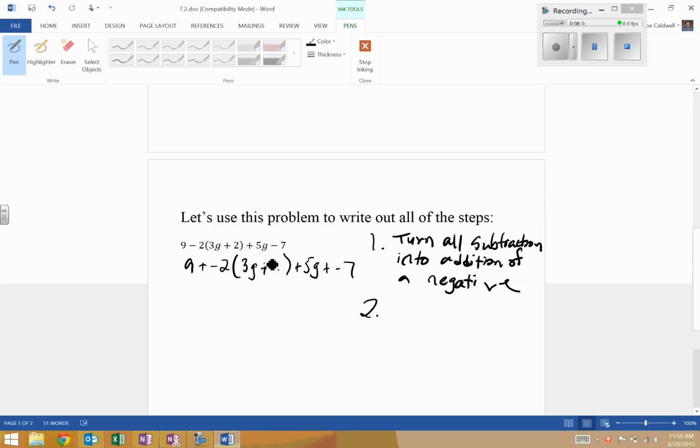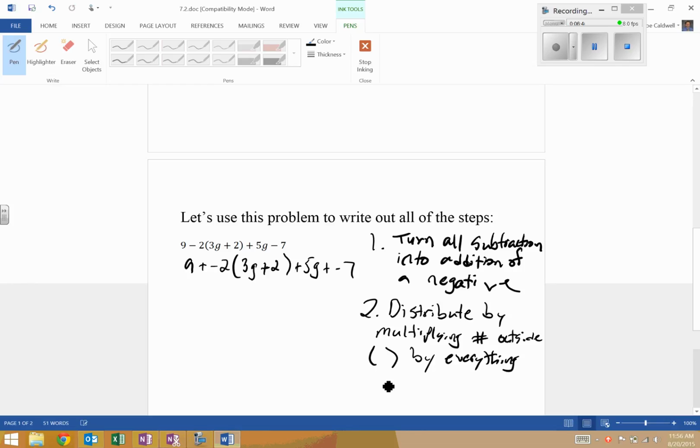And so in this case, what we want to do is distribute, by multiplying the number, with its sign, outside the parentheses by everything inside the parentheses. So that is what the distributive property means. So we're going to multiply negative 2 by 3g and negative 2 times 2.